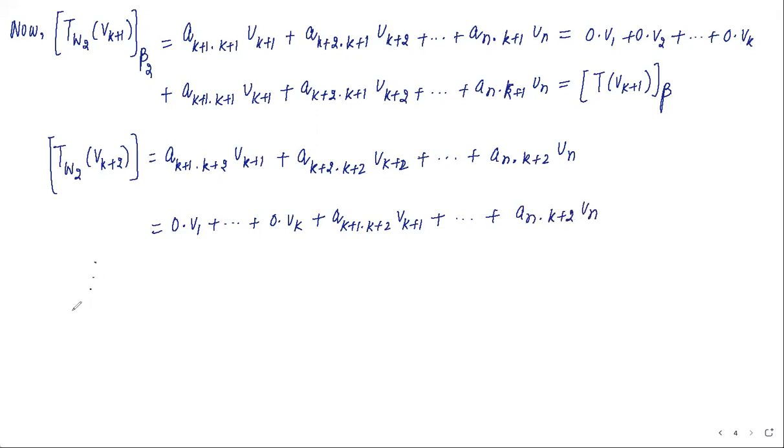And similarly, T of v_n relative to the basis beta. So this is again with respect to the basis beta, but now this is equal to T of v_{k+2}. So this is also the coordinate vector of T of v_{k+2} relative to the basis beta. So therefore this last vector, T of v_n relative to the basis beta, can similarly be written in this form.